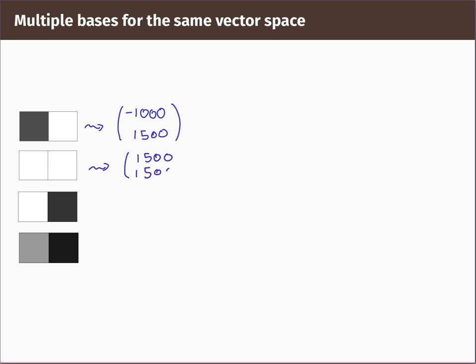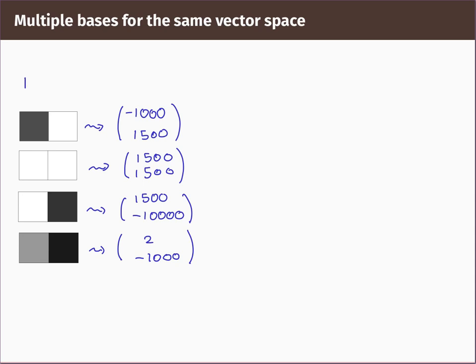And the next one will be something like, a very bright first pixel and a very dark second pixel. And the last one, well, you've got a fairly dark pixel at the start, so maybe this is some number in the middle, and the second one is also very dark, so maybe -100,000 again. In this way, we can represent our images as elements of R².